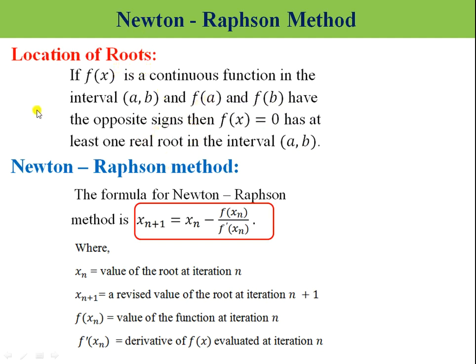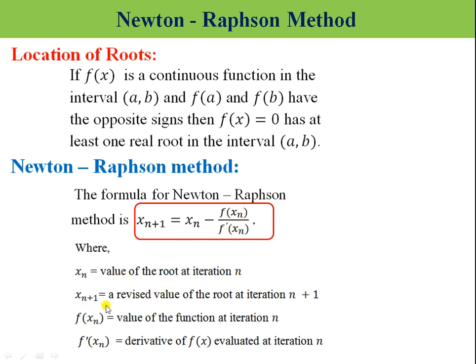Now I would like to introduce my new method, that is the Newton-Raphson method. The formula is xn plus 1 is equal to xn minus f of xn divided by f dash of xn. What do you mean by xn? Xn is the value of the root at iteration n.